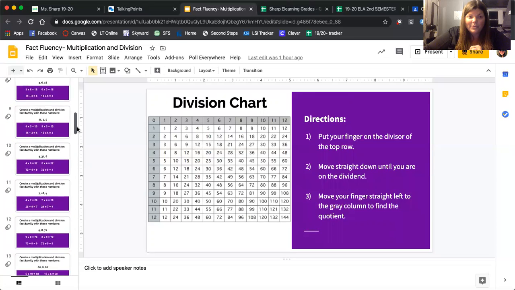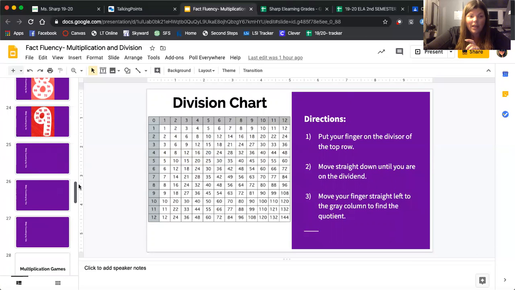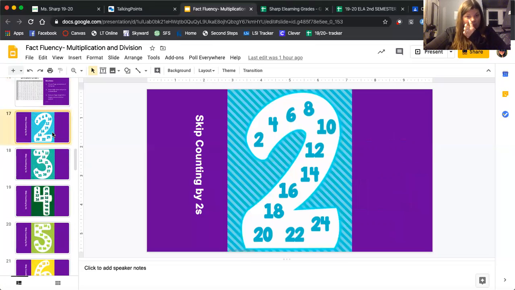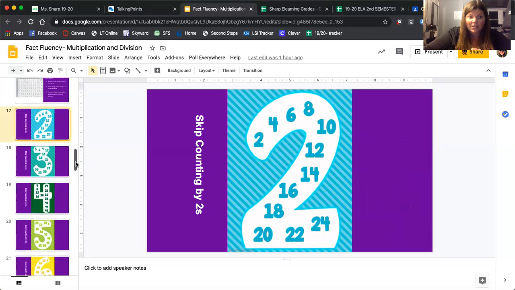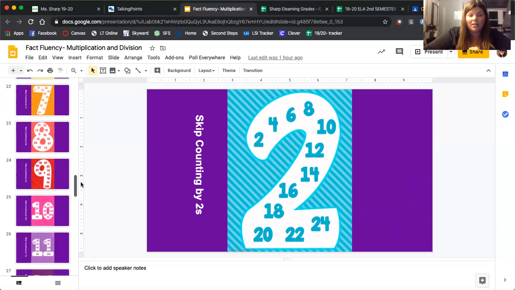Okay, remember, use those fact families, use those songs here, as well as your posters. Okay, the posters go up to 12. So we've got our 2, 3, 4, 5, 6, 7, 8, 9, 10, 11, and 12.